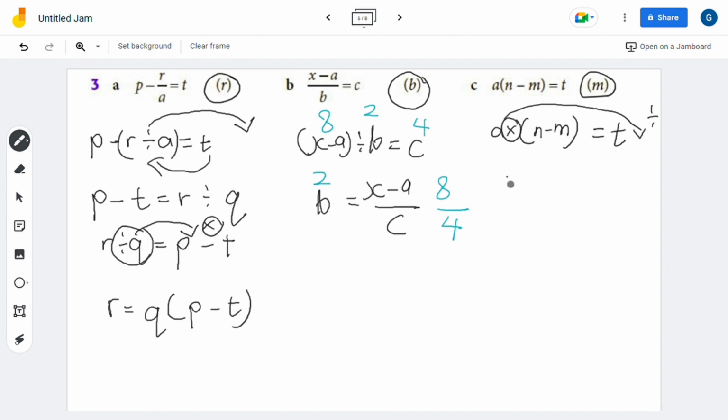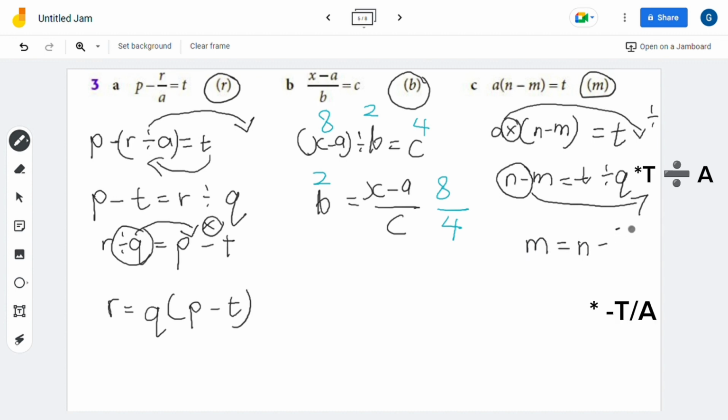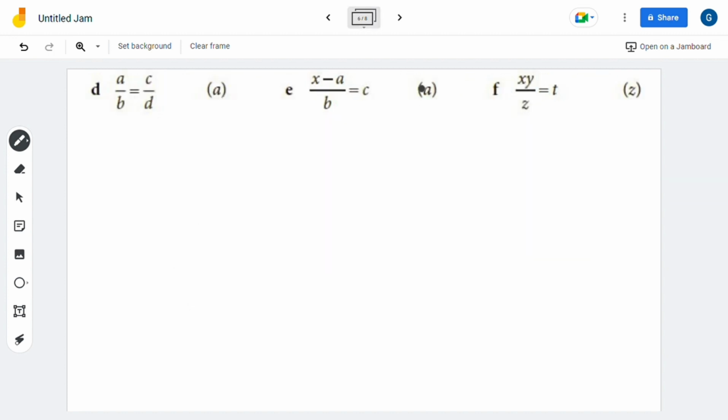So n minus m will equal t divide a. And then we can shift n over to the other side, which will become m equals n minus t over a.